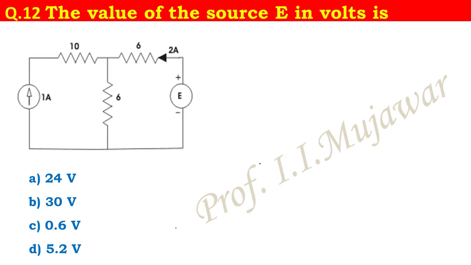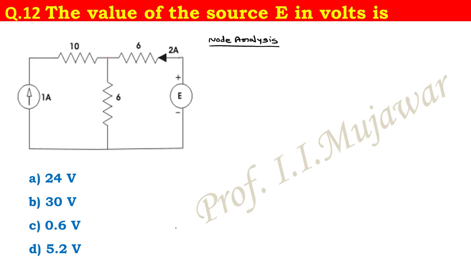Okay. Now here the problem statement is to find the value of the source E in volts. Now here, if we select the option as, say, node analysis, in node analysis we will determine the nodal voltages. So here you have the node.